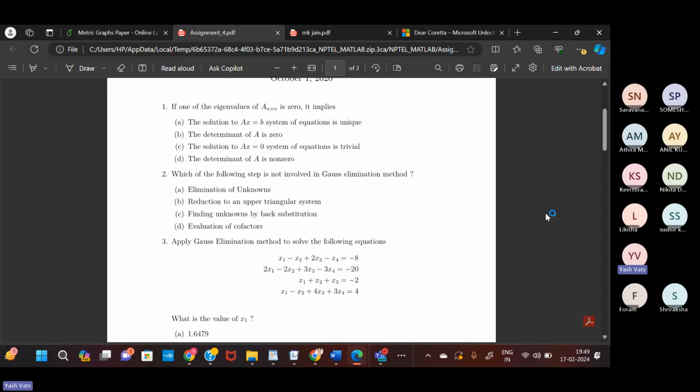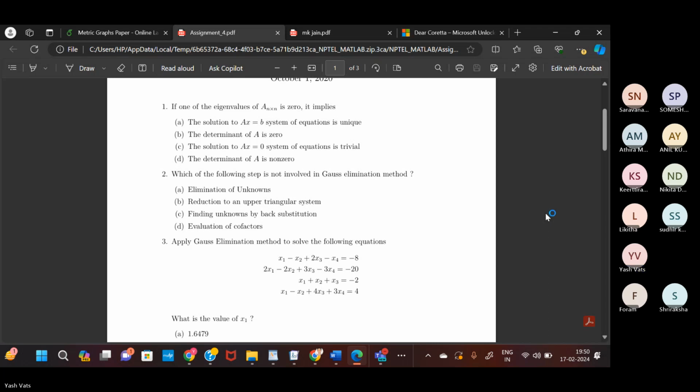Okay, I will recall the methods that are useful. The first one is: if one of the eigenvalues of A is 0, it implies... Do you know the eigenvalues and eigenvectors of a matrix? In the lecture, I think you have seen it.